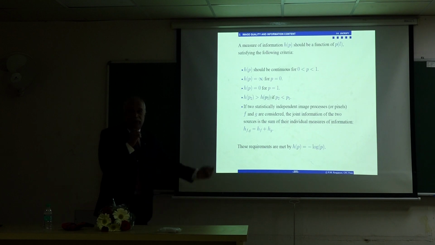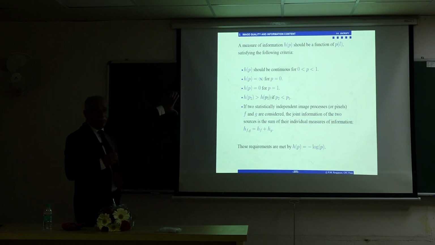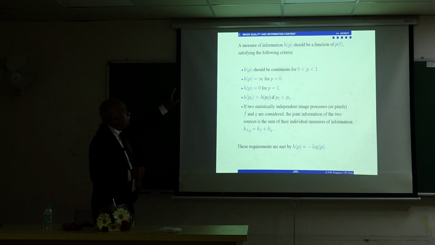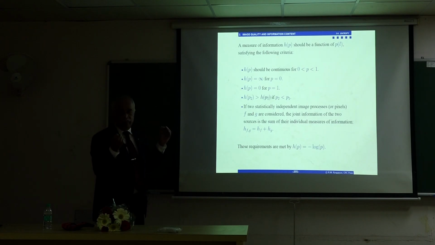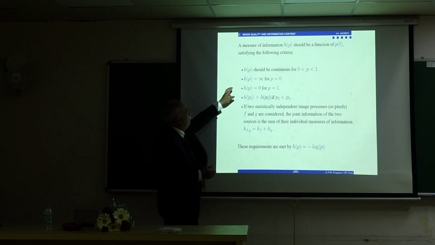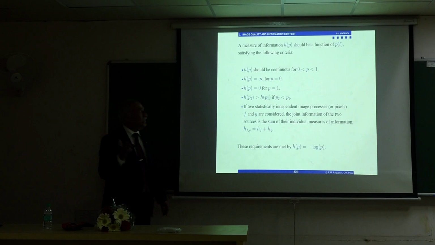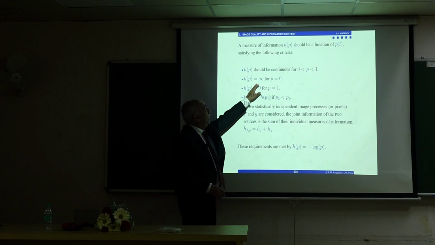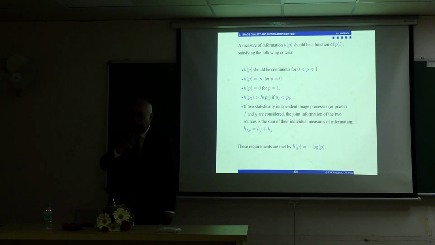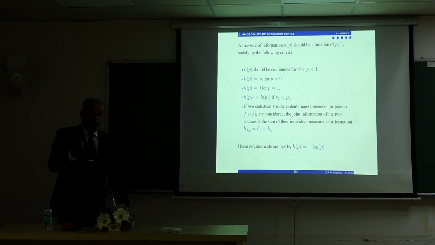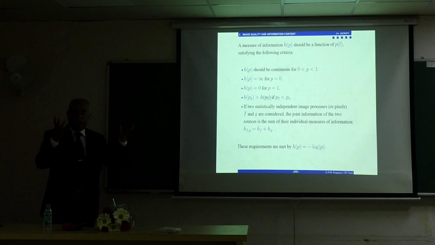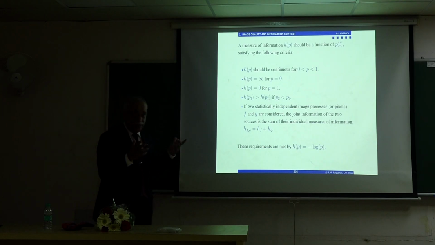A measure of information is expected to meet these conditions. If P is some source of information, the value H of P should be continuous for P between 0 and 1. Continuity is a requirement. H(P) is infinite for P equal to 0. H(P) is 0 for P equal to 1. This is what I said. If something with a probability of 0 occurs, you get the maximum amount of information.